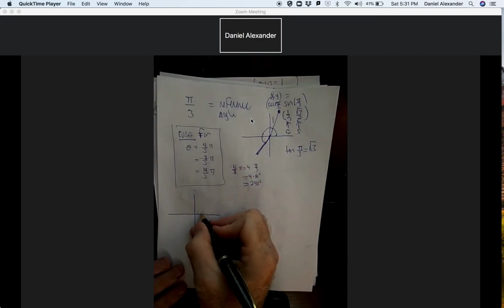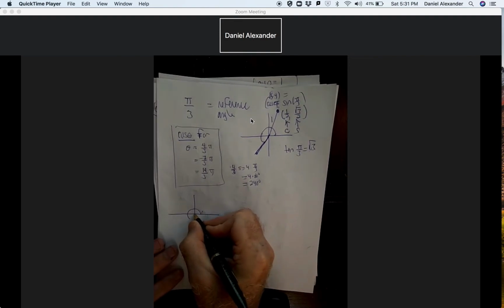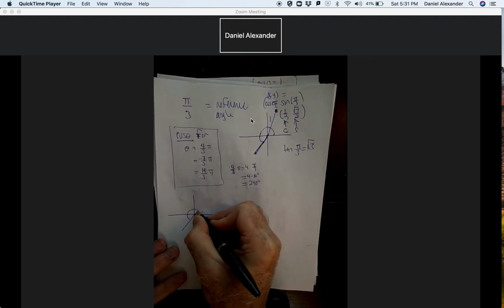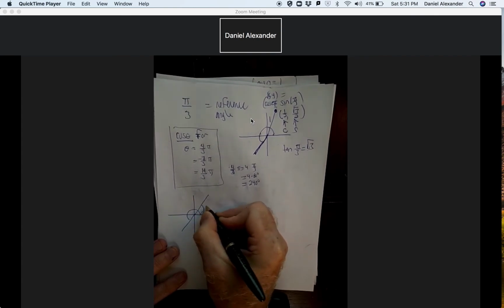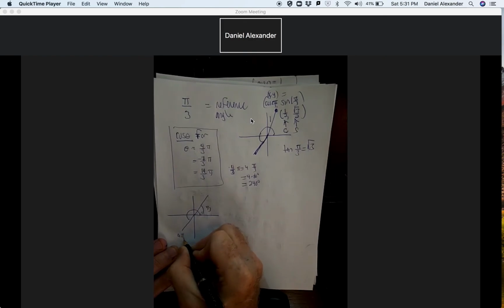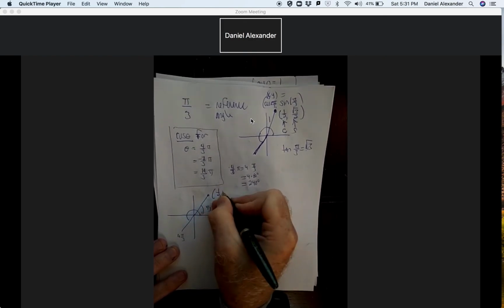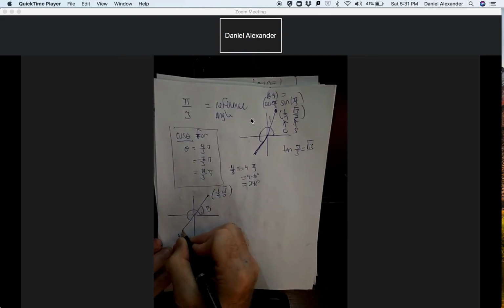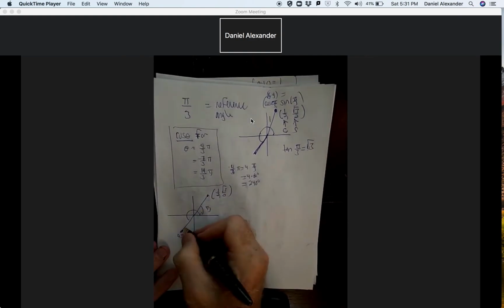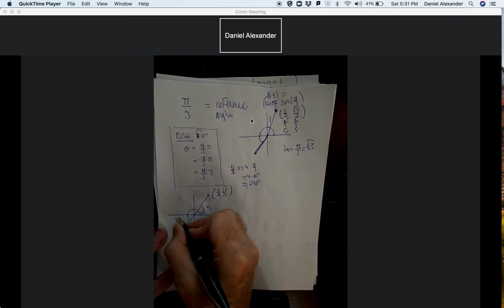Here's my 240, or the 4/3 pi goes to here. And then this is pi over 3 here, so I want to have these both. So this was 1/2, square root of 3 over 2. Down here, it's going to be just these points, except they're negative because they're in the third quadrant.